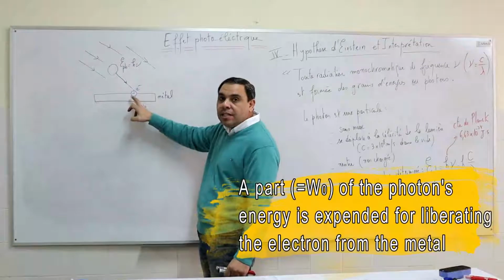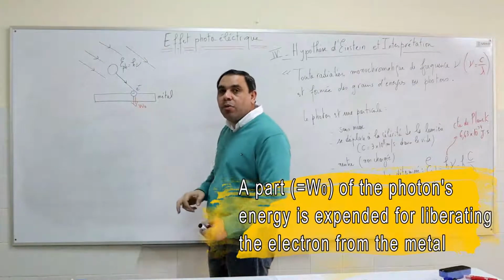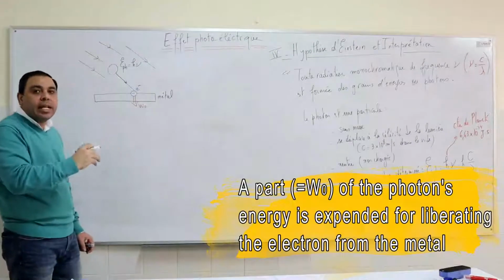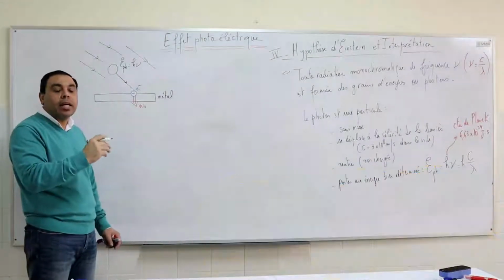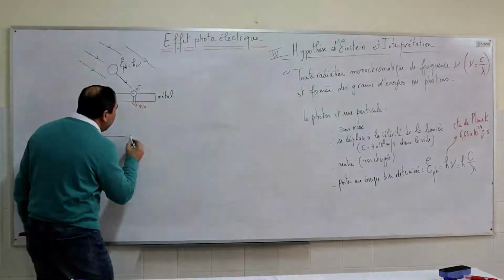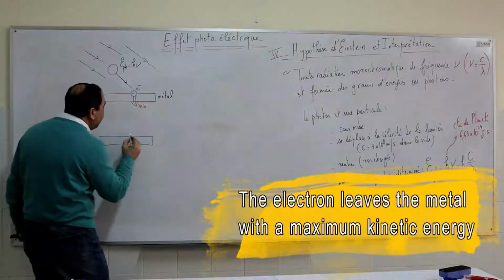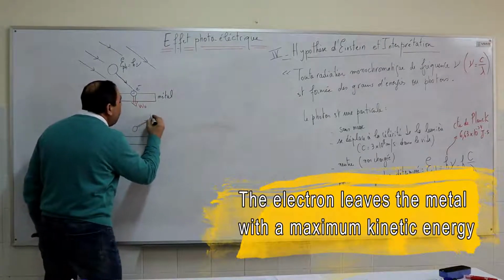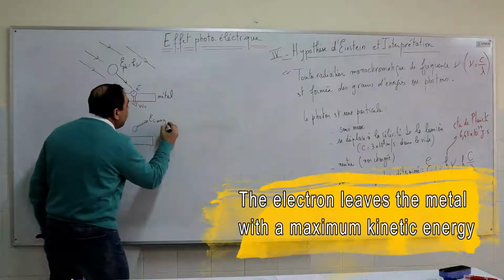The energy used by the electron to become free is W0. The remaining part of the photon's energy is transformed into kinetic energy of the electron. Hence, the electron leaves the metal with a maximum kinetic energy.